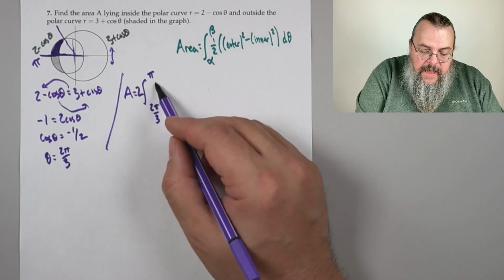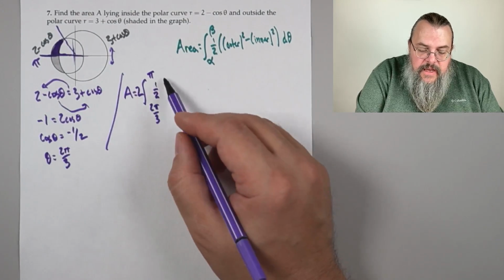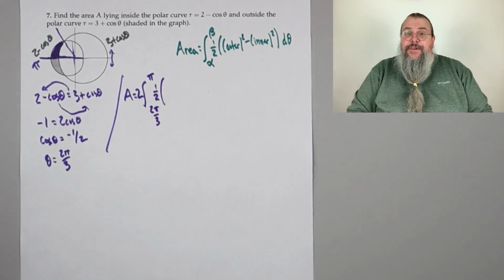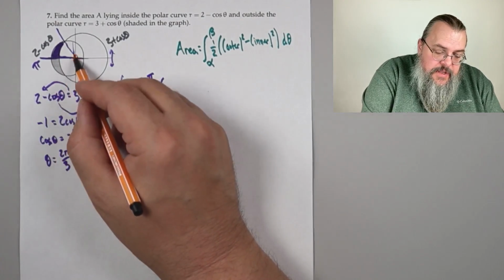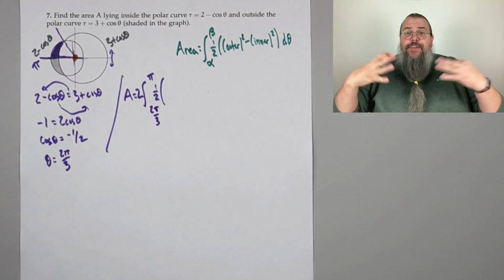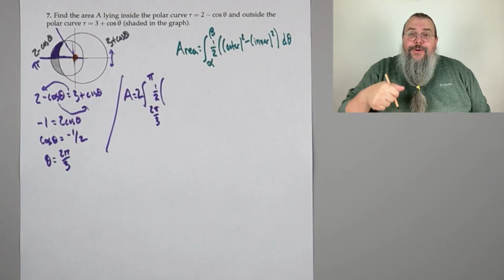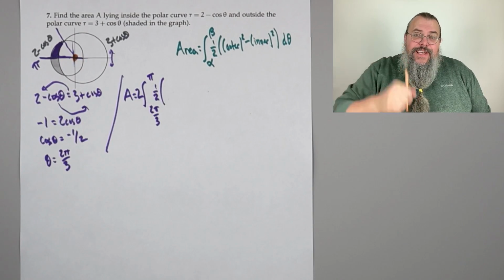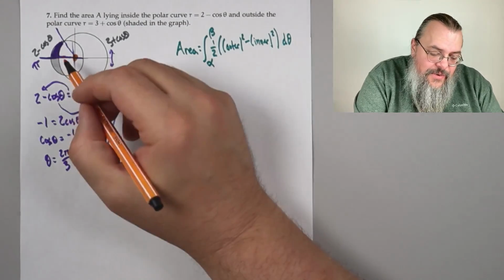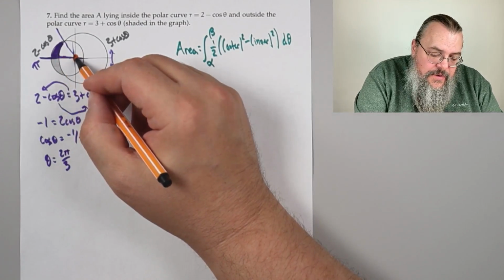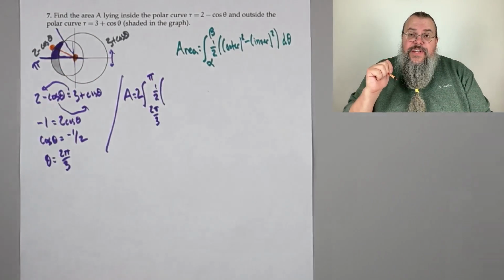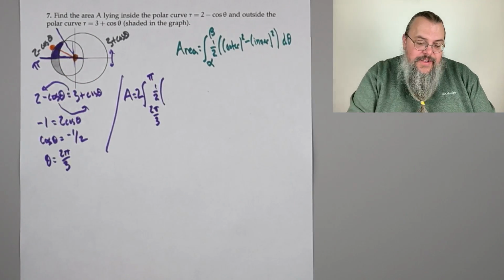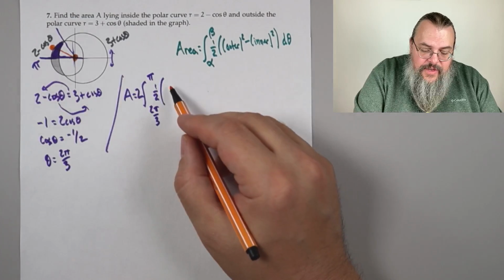Then we have 1/2. And now we have to talk about outer versus inner. Now the way you do this is very simple. Remember that in polar, everything comes out of the origin. It's the pole. And how do you relate to the origin? So the outer would be, if you went from the origin, what's the last curve you hit, or the farthest out? Well, it's the 2 minus cosine theta.